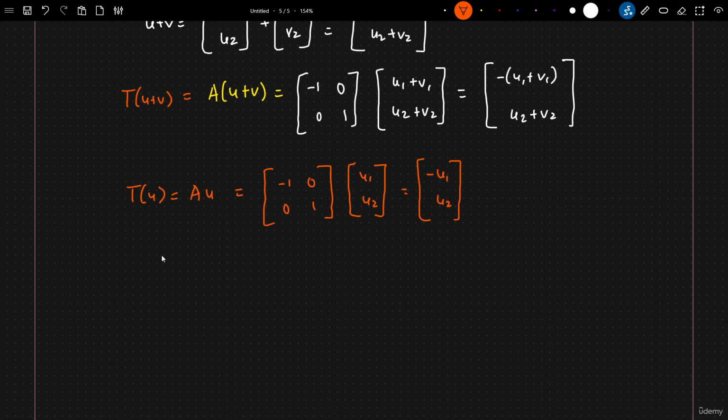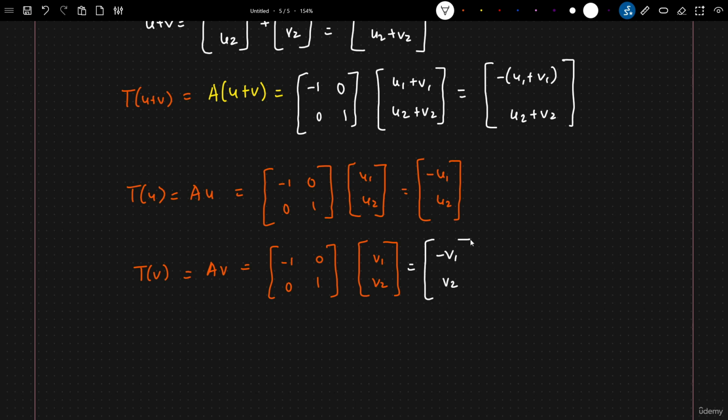And similarly, we'll calculate with respect to Tv. Tv is the transformation on vector v, which is A multiplied by v, which is again [-1, 0; 0, 1], and here I have my vector v1 and v2. Finally, you'll be able to see that I will be getting minus v1 and v2.